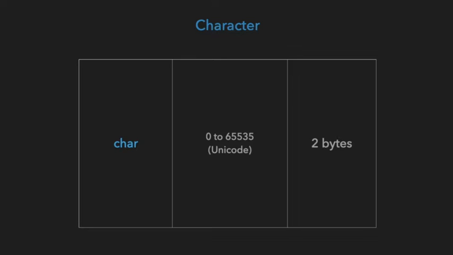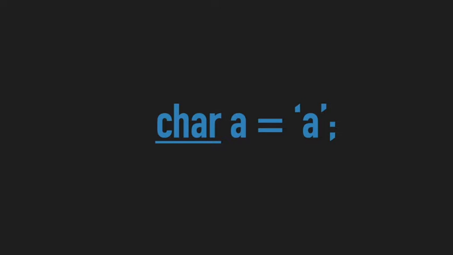So it's a character set that is used by the programming language, and then we see that it occupies 2 bytes. Now let's look at a declaration of a char variable. As we can see, it's char a is equal to 'a', which is enclosed in single quotes. So whenever we are using a character literal, it must be enclosed in single quotes.